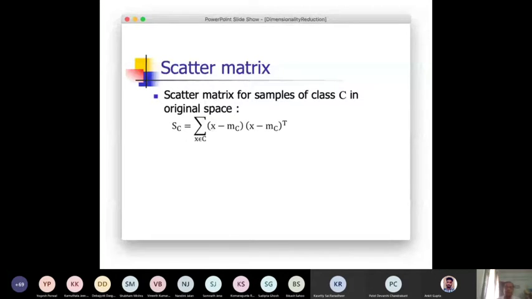Just to highlight some aspects, can you tell me what is this small x, and what is m subscript capital C? I have already mentioned that capital C is a class. So what is small x and what is m subscript C?